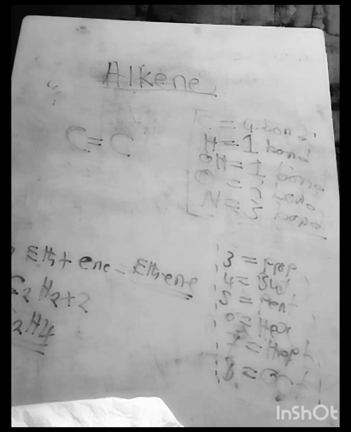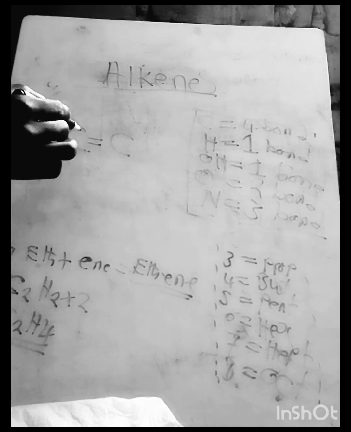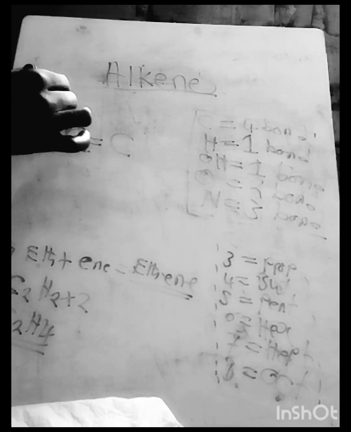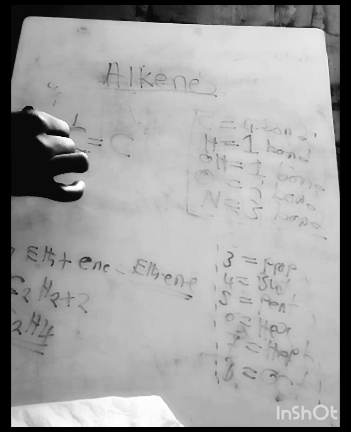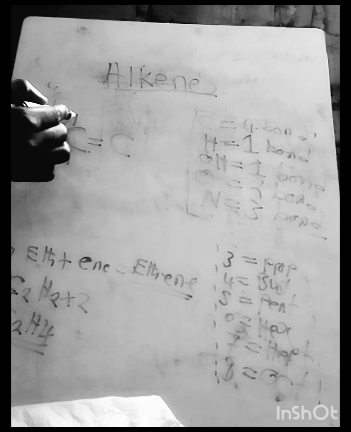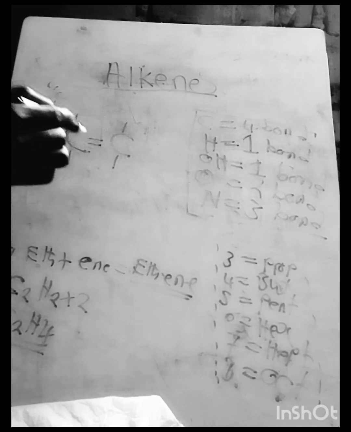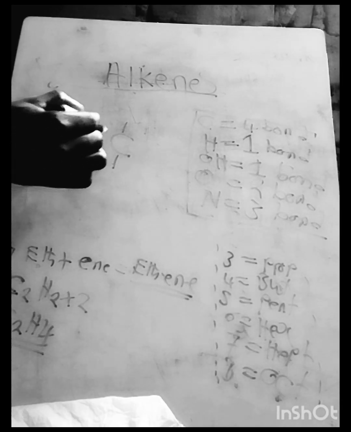Now, since we have written 2 carbons here, you need to make sure that each carbon has 4 bonds. The first C has got 2 bonds only. Then when you put another one here, there are 4 bonds: 1, 2, 3, 4, and this one also has got 1, 2, 3, 4.